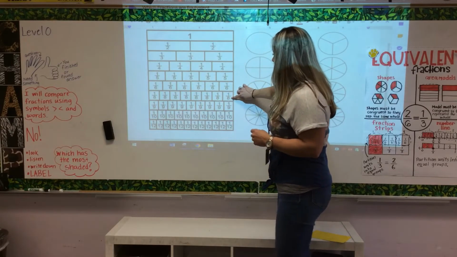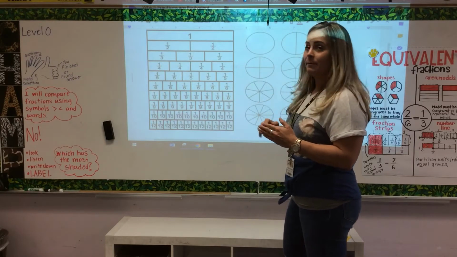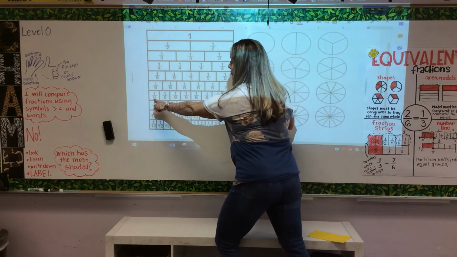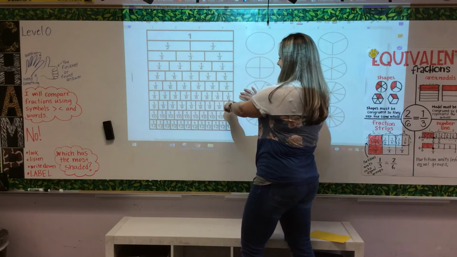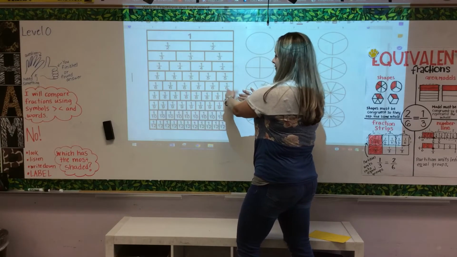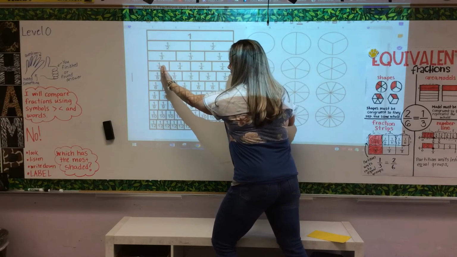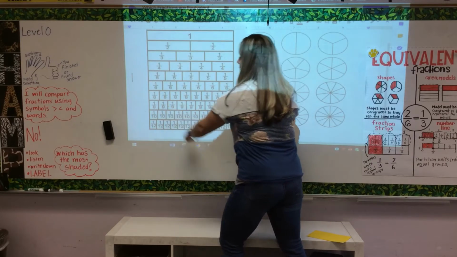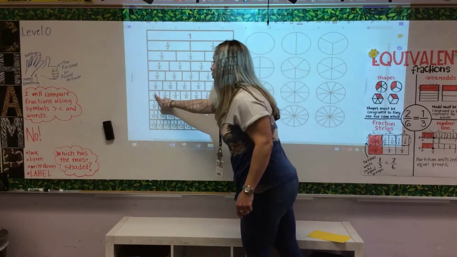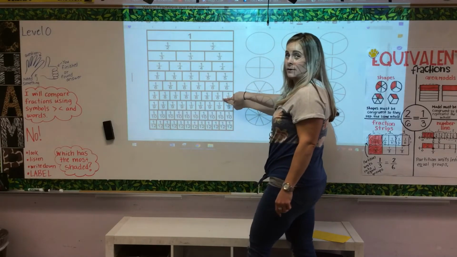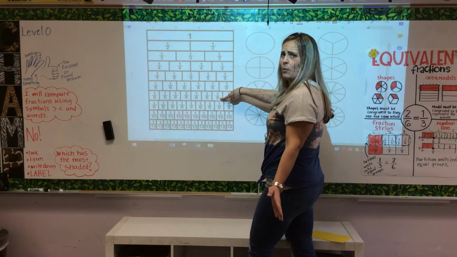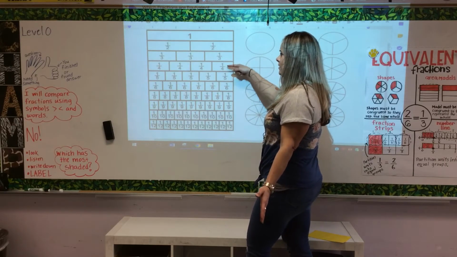So every time you are breaking something into more pieces, so this has 8 pieces, versus 4 pieces, right? These 4ths are bigger than these 8ths because you had to cut this whole into more pieces than just 4. 8 is a lot more pieces than 4, right?